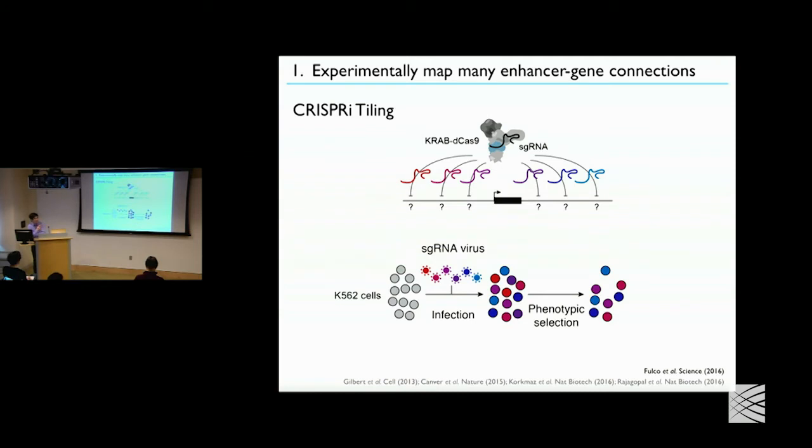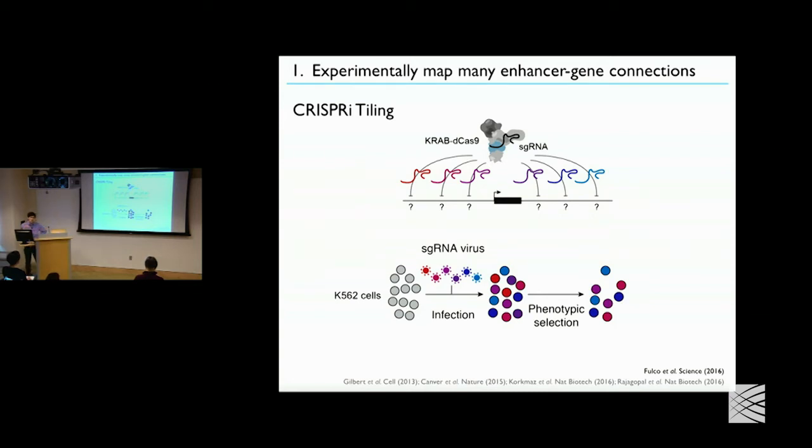I'm not going to go into a great deal about this experiment. It was actually recently published. This is the work of another graduate student in the lab, Charlie, and me. And the idea here is to leverage CRISPR to be able to do the experiment that I mentioned a minute ago, which is to map and perturb thousands of different enhancers at once and measure their effects on gene expression.